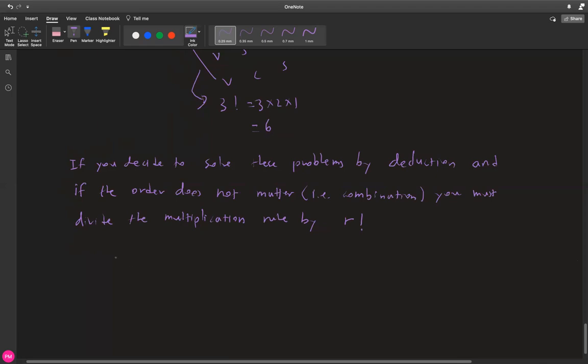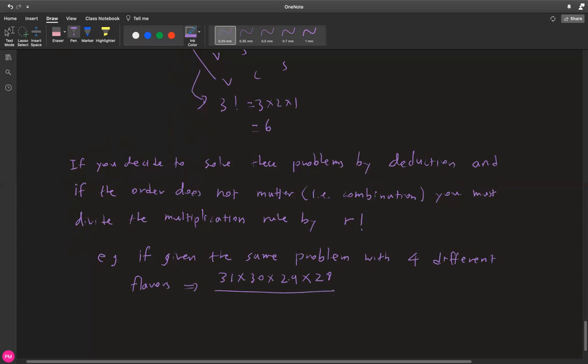So you would be doing 31 multiplied by 30 multiplied by 29 multiplied by 28, and that's the multiplication rule part, and you would divide by 4 factorial, which is 4 times 3 times 2 times 1.